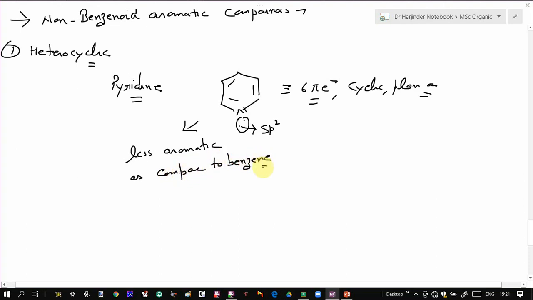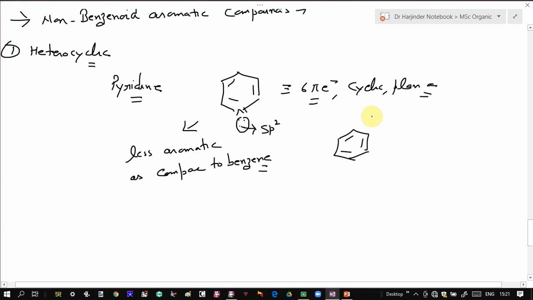Why is it less aromatic as compared to benzene? Because in benzene there are only carbon atoms, but here you have one nitrogen. Here the 6 pi electrons are delocalized over 5 carbons and 1 nitrogen, while in benzene these 6 pi electrons are delocalized over all 6 carbon atoms.